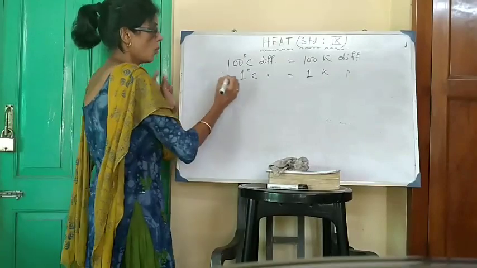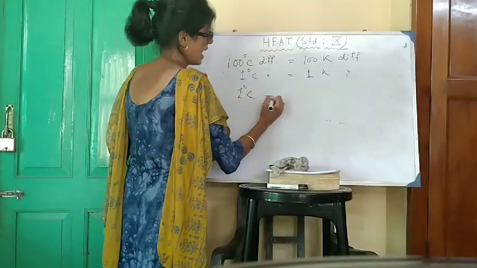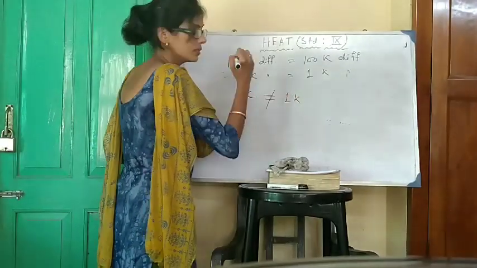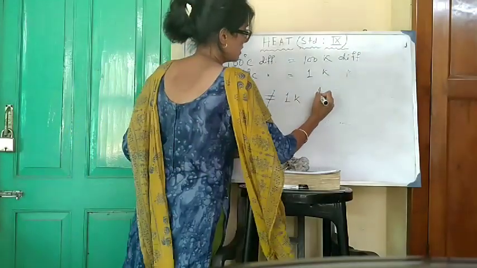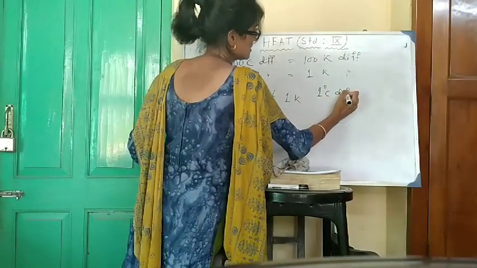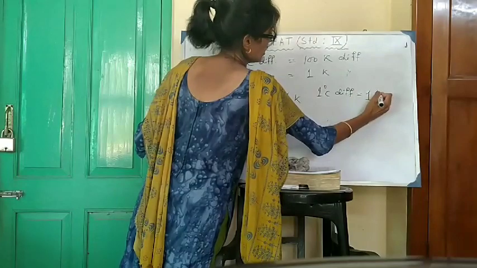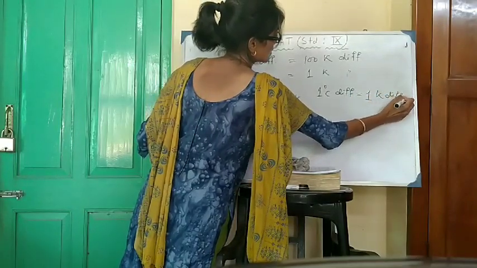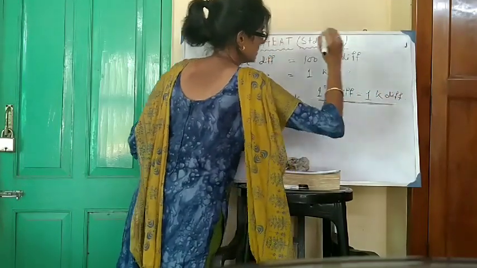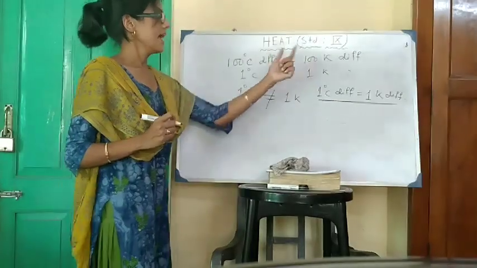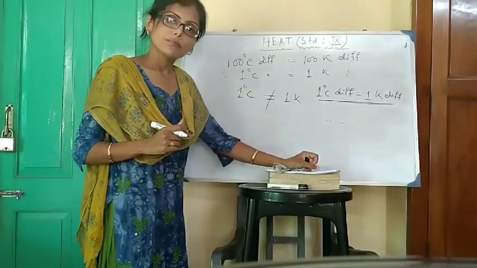So 1 degree Celsius and 1 Kelvin both are not same. But 1 degree Celsius difference is equal to 1 Kelvin difference. The difference in temperatures in Celsius scale and Kelvin scale are same. Understood?